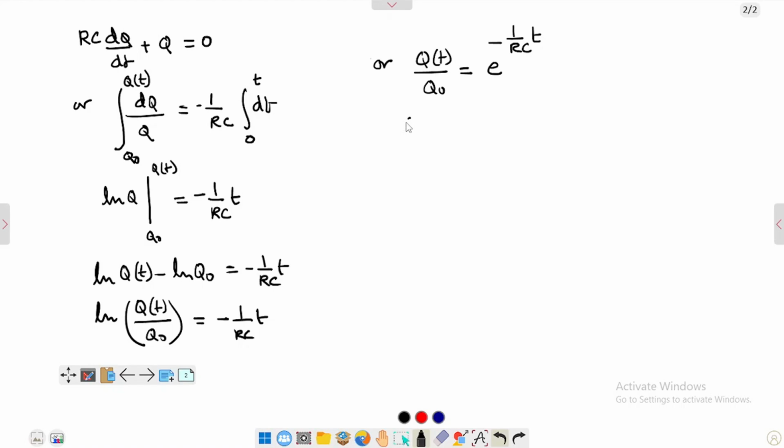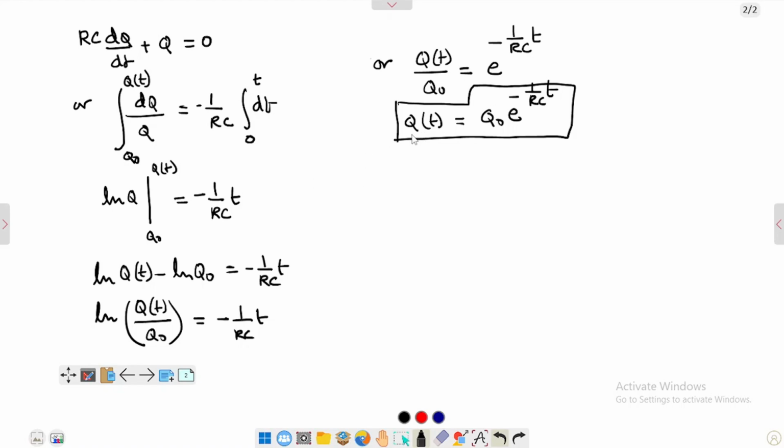So my overall charge equation q(t) is equal to Q naught e to the power minus t by RC. This is the discharging equation of the capacitor, the way the capacitor discharges following this equation.